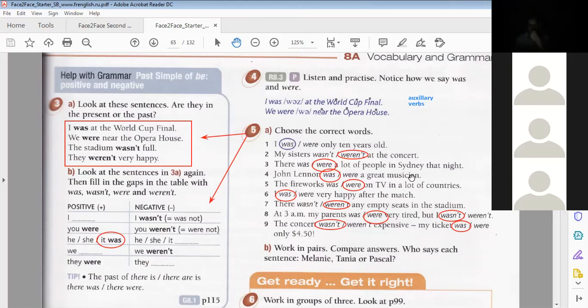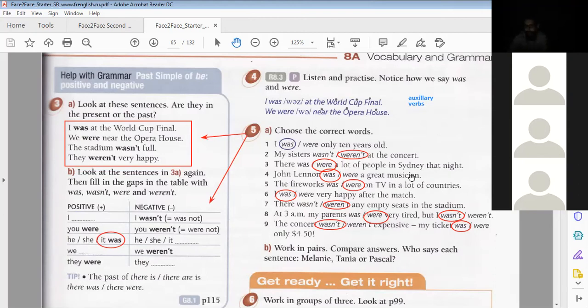I don't remember. So John Lennon is from the Beatles. And who went to the Beatles concert? Melanie. Yes. Melanie, she went to the Beatles concert, and John Lennon is one of the members of the Beatles, one of the band members.